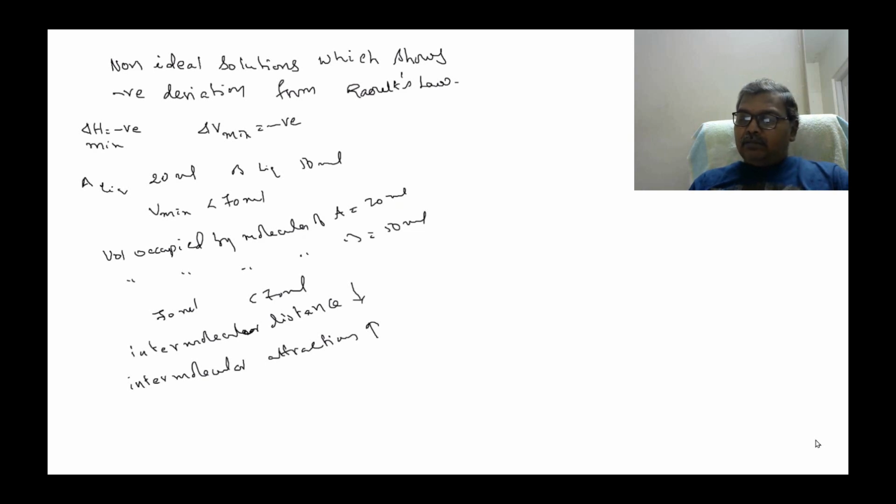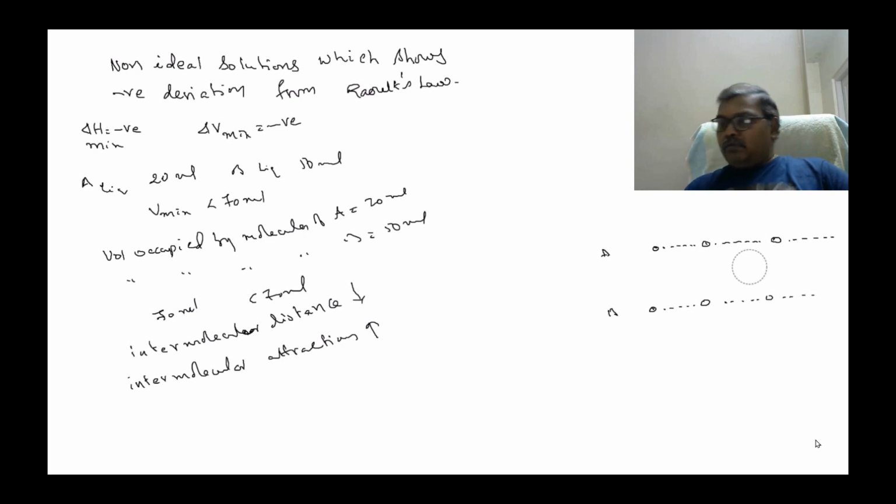See, for example, in A liquid, intermolecular attractions are weak. In B liquid also, intermolecular distance is more, intermolecular attractions are less. Weak intermolecular attractions.